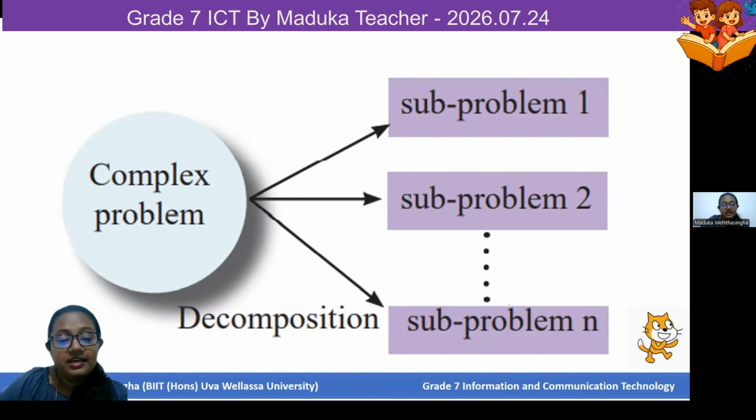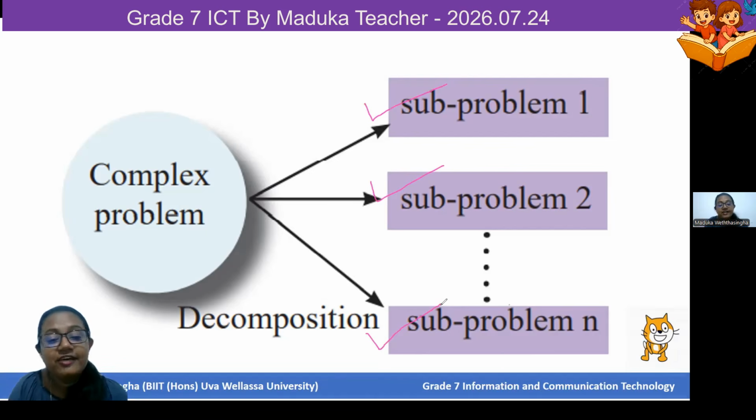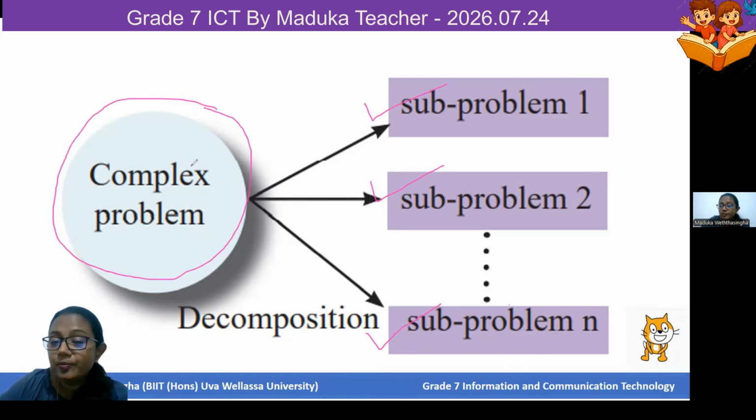First, let's solve subproblem 1, subproblem 2. Likewise, we can solve until subproblem n. Finally, we solved our complex problem. Because first we decompose it into small subproblems, and then we solve the subproblems one by one. Then finally, we solved our complex problem.